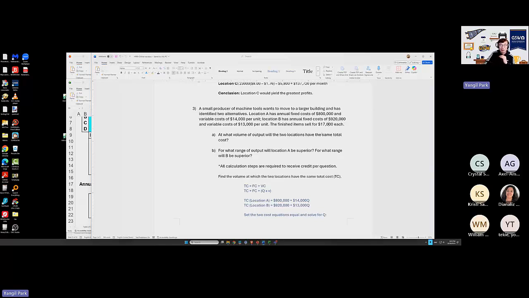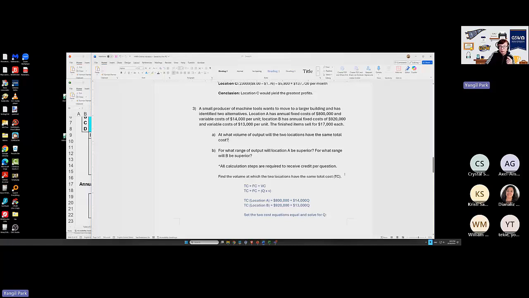Okay, so that's why we are using this total cost formula, so that we can set those two formulas as an equation and solve for Q, which is the volume that we're trying to find. Okay, so the question is again, at what volume of output will two locations have the same total costs?